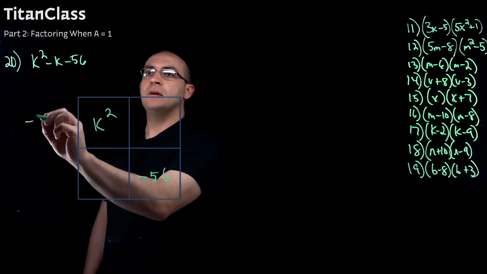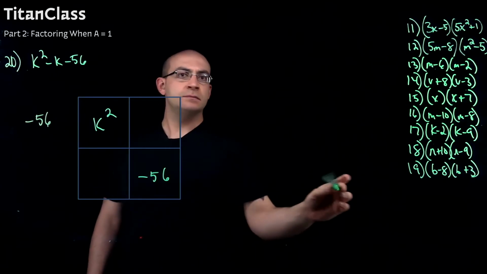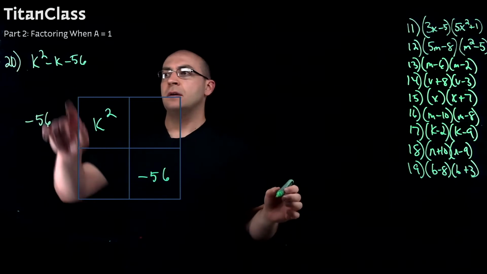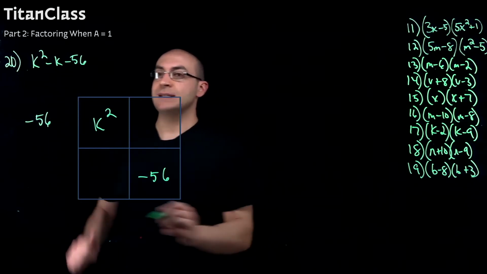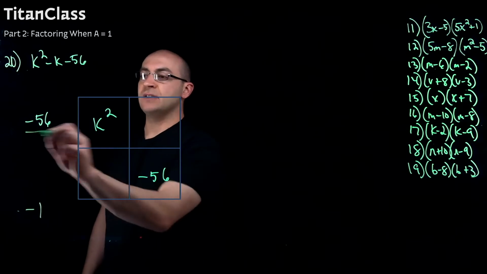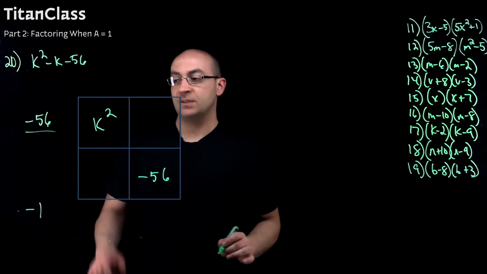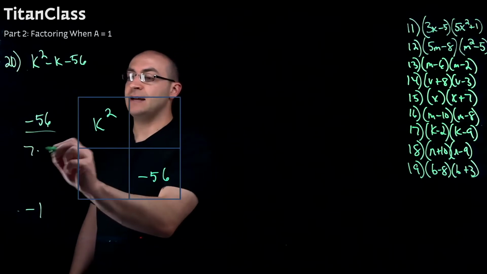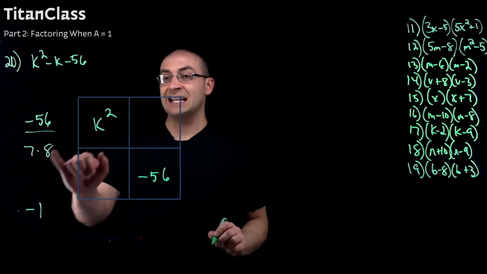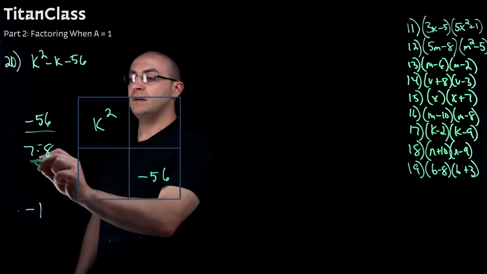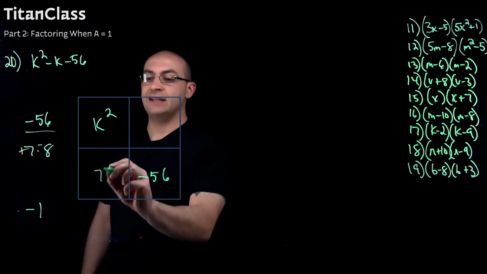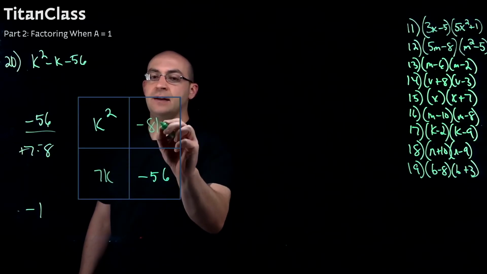Okay. Just like a previous one we did. What was 18, right? That's a negative 1, right? Because we don't have a number, but it's a negative sign in front, so it's a negative 1. Be careful. Changing that sign up will screw up this whole problem. 7 and 8, right? I need a 7 times an 8 because I can do negative 8 plus 7, which will give me a negative 1. Negative 8 plus 7, so we'll do a 7k and a negative 8k.